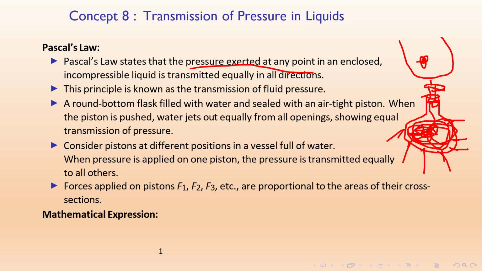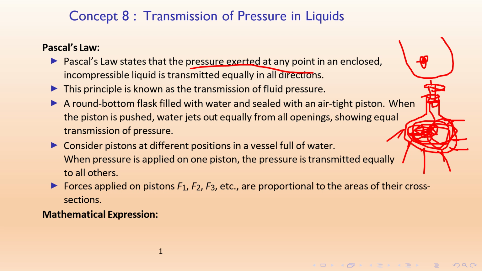So this we can identify, which is called pressure exerted at a point acting in all the directions. Consider pistons at different positions in a vessel full of water. Second thing, when the pressure is applied on one piston, the pressure is transmitted equally to all other pistons.